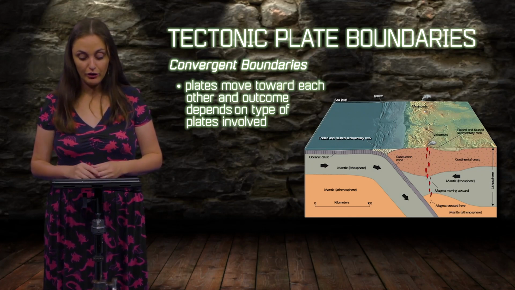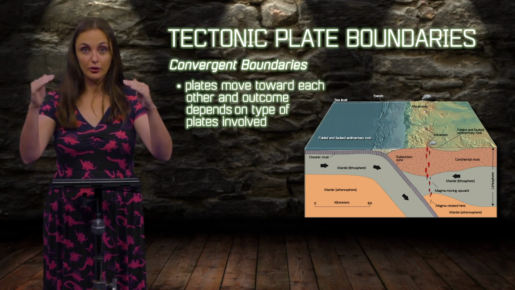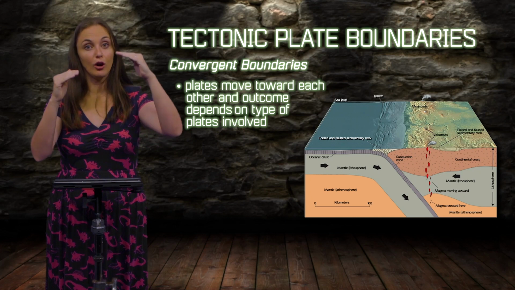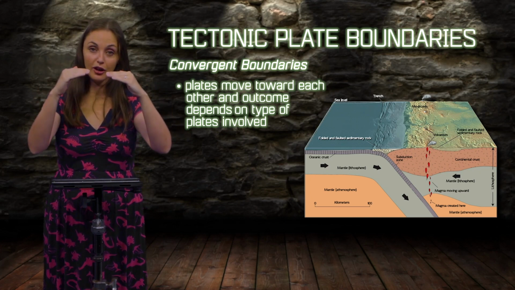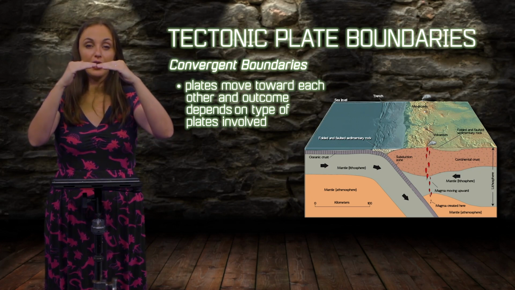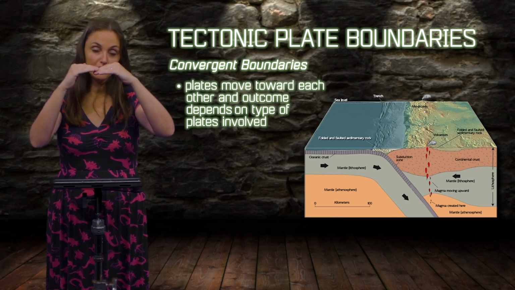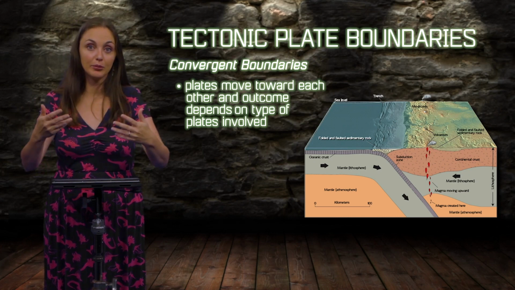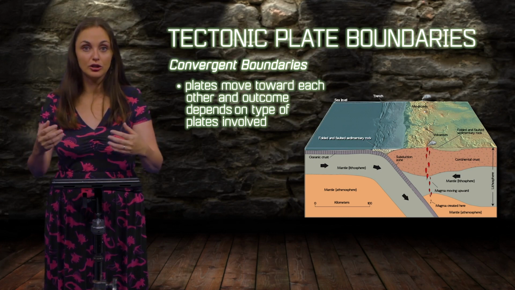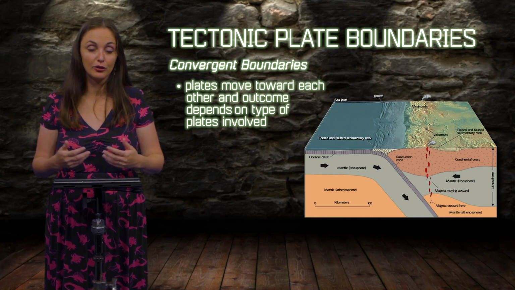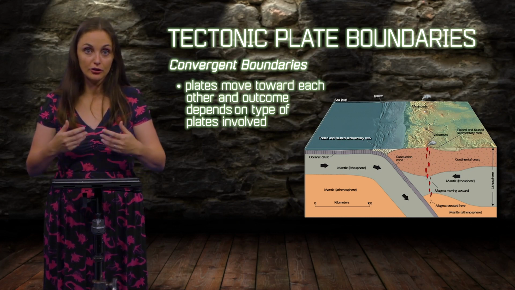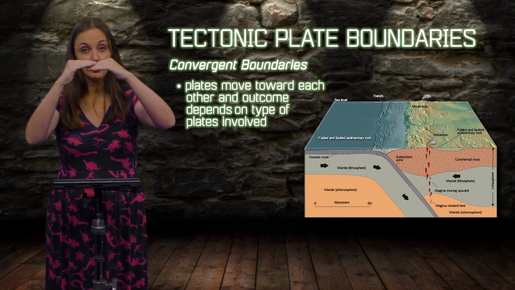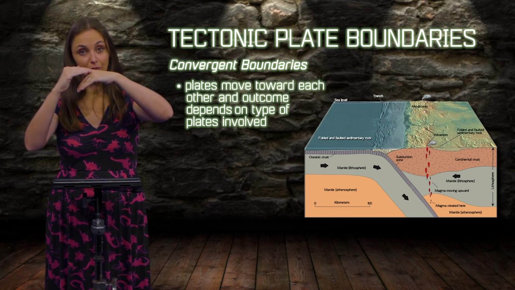If you're dealing with oceanic and oceanic crust, so let's say both of these pieces of oceanic crust are meeting up together, or if oceanic crust is meeting with continental crust, then essentially one of these two pieces of crust, whichever one is denser, is going to sink. In oceanic and continental crust, it's obviously going to be the oceanic crust, and in oceanic and oceanic crust, it's going to be the denser of the two pieces of lithosphere. The denser of those two is going to sink down back into the mantle.